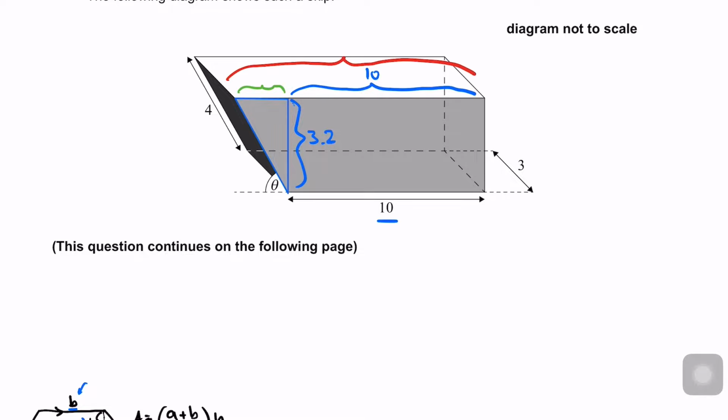Because that's what's important. We need to find both horizontal side lengths, I suppose. All right, so let's find out what this is right here. Let's call this maybe x.